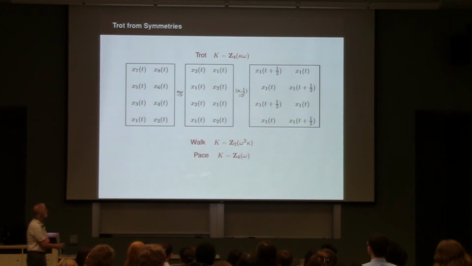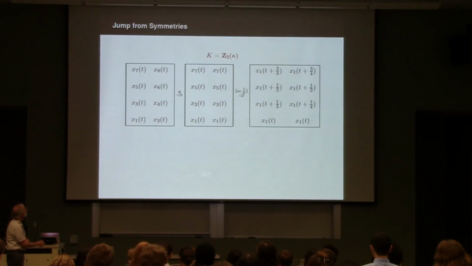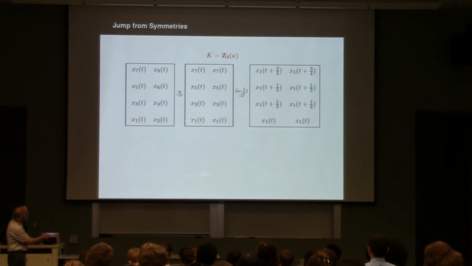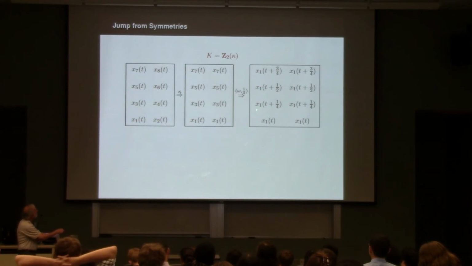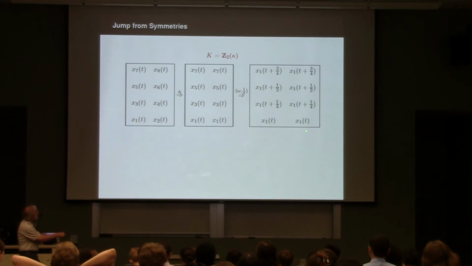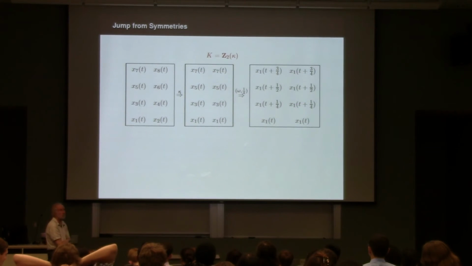Now, the solution that we found, that was a surprise, had a kernel Z2 of kappa. So x2 equal to x1, x4 equal to x3, and so on. And now when you apply the fourfold symmetry, x3 must be x1 of t plus a quarter.